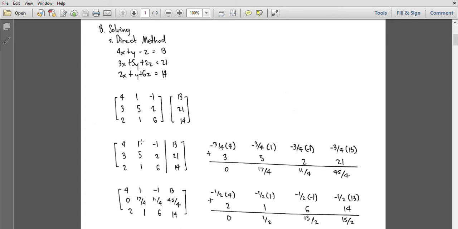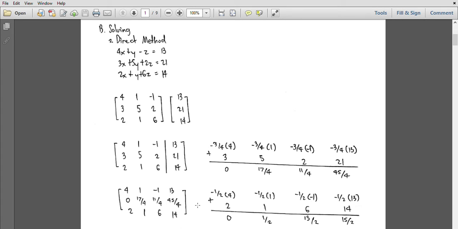So, we multiply the entire row 1 by negative 3 over 4, and add it to the second row. And we get 0, 17 over 4, 11 over 4, and 45 over 4. Now we got this matrix.